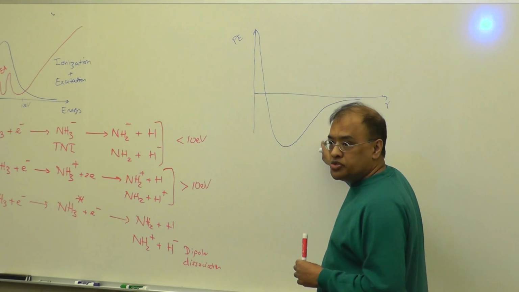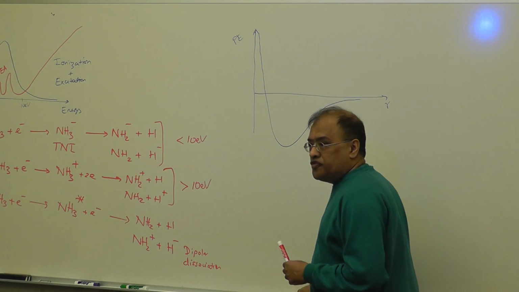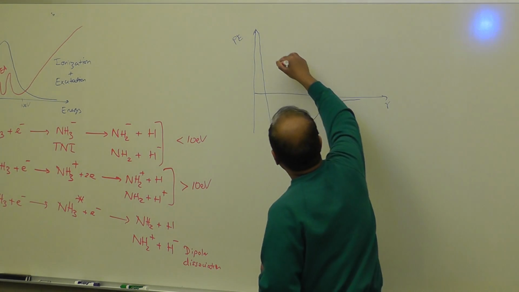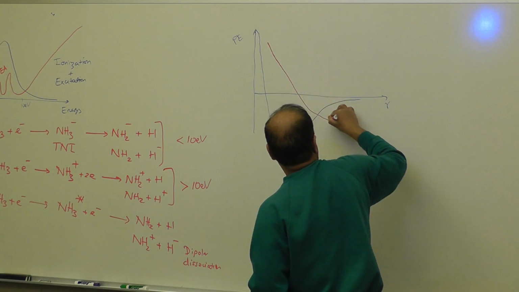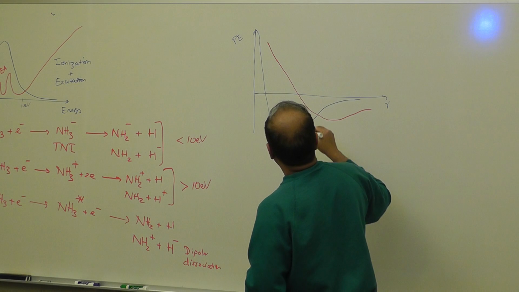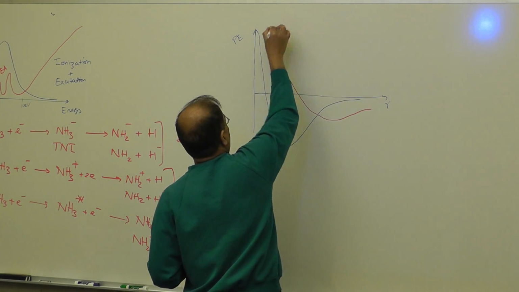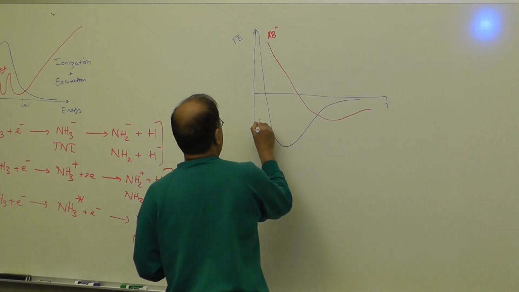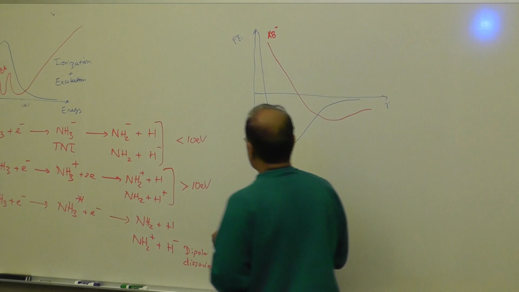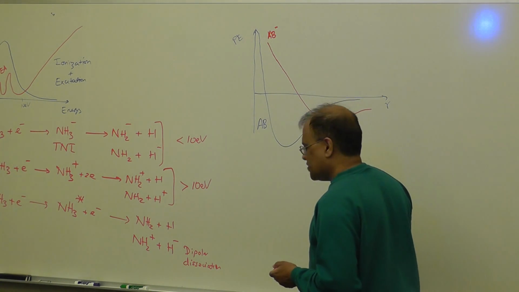All right, this is for the neutral species. Okay. For the negative ion, this is going to be AB minus, this is going to be AB, okay, and, oh, this is not a very nice diagram.